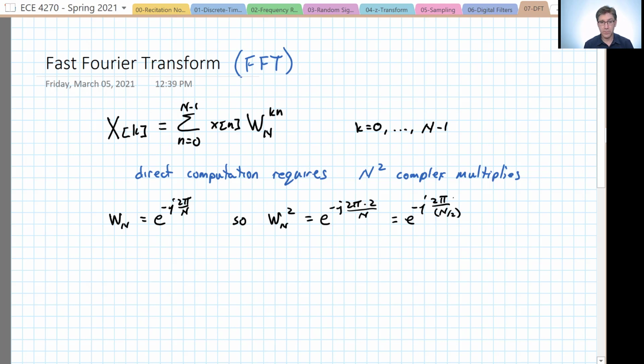Just throw that 2 down in the denominator of the denominator, which is equal to W_(N/2).